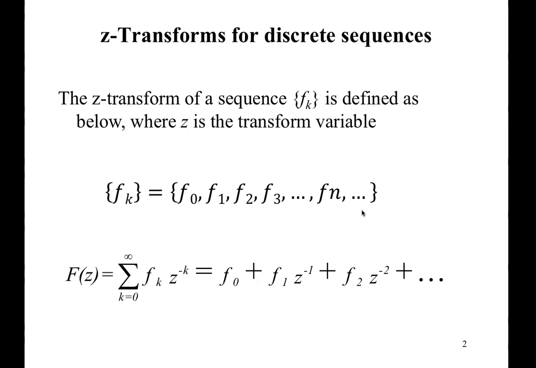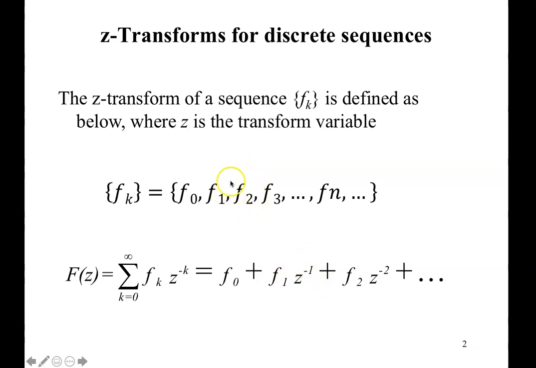But for the time being, if you look at the second equation on this slide, the z-transform of this sequence is basically a summation of each component times a different z. So the first component, f0, will be multiplied by z to the power of 0. This one, f1, will be multiplied by z to the power of minus 1.